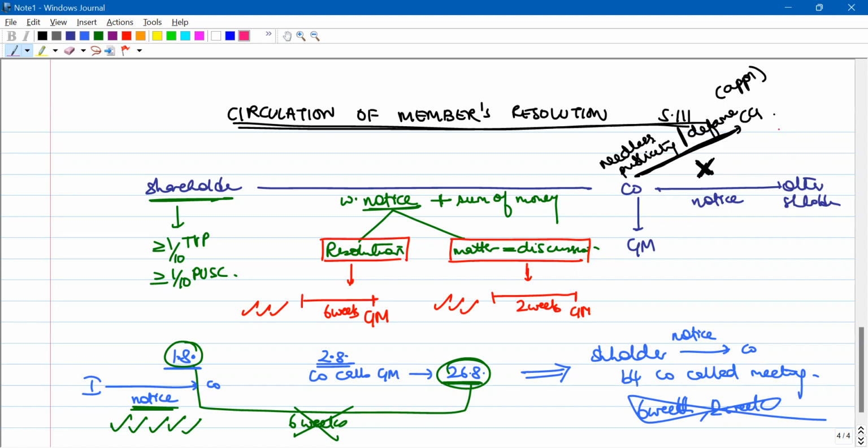All right, the central government has delegated this power to the regional director.